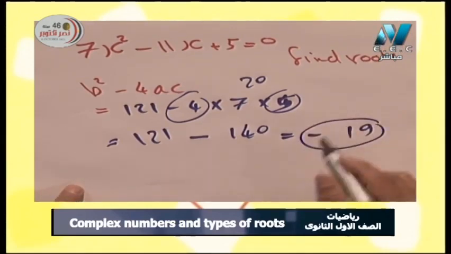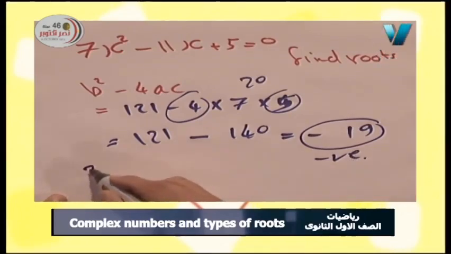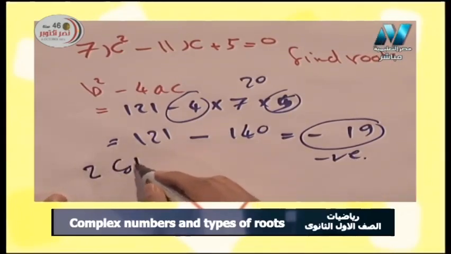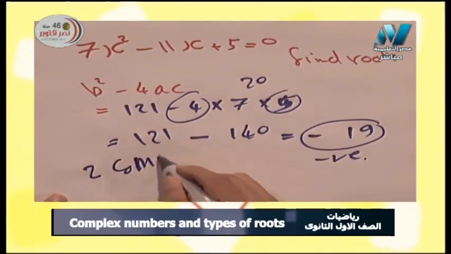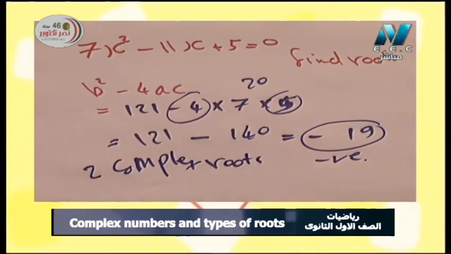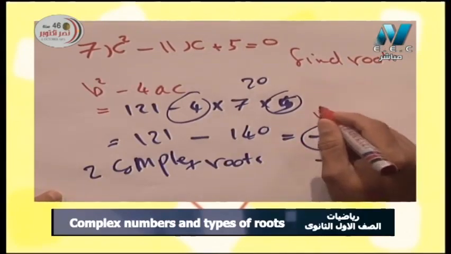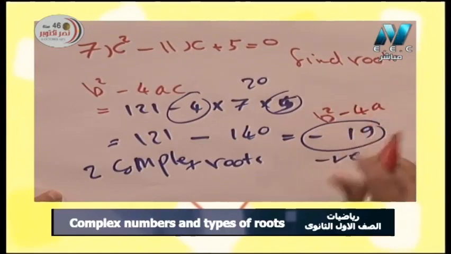This number is negative, so the two roots will be two complex roots. We have here the discriminant equal to negative 19. What is the discriminant? It's b² minus 4ac.